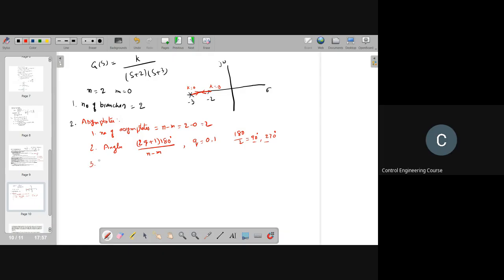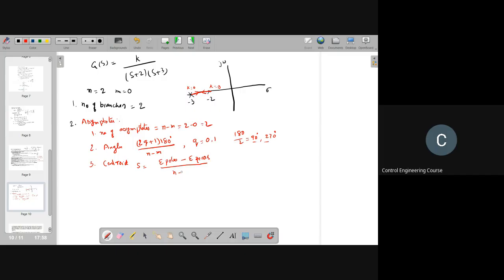centroid. Centroid means the intersection of asymptotes. Let's say the centroid is equal to sigma real part of poles minus sigma real part of zeros divided by n minus m, using the same convention.